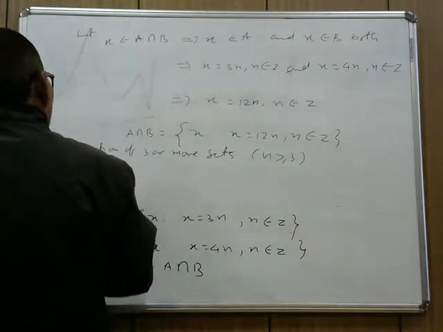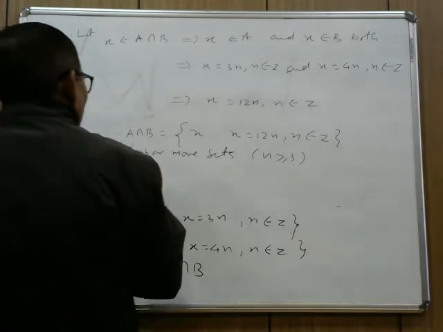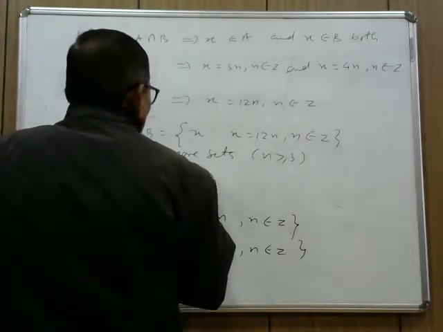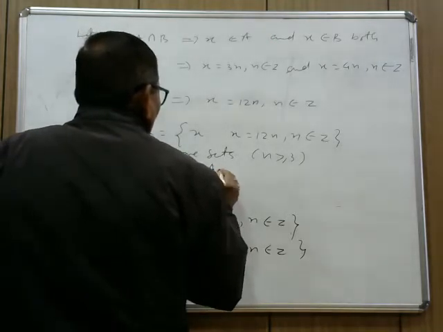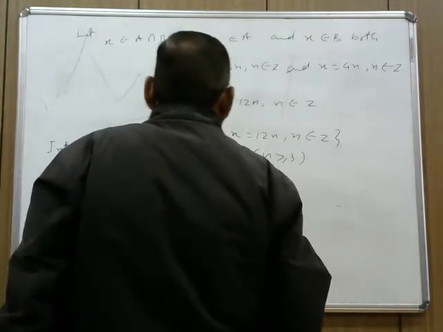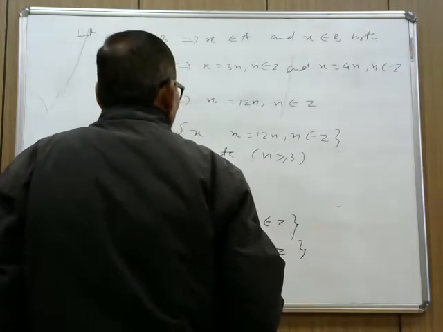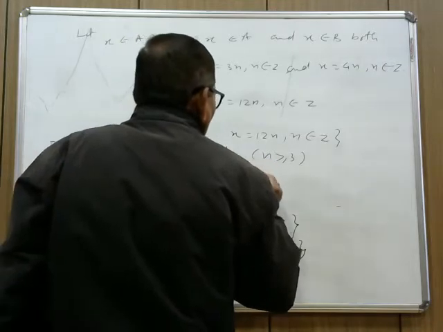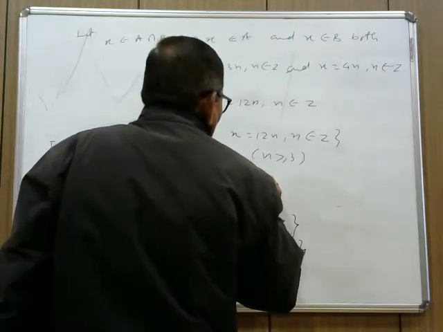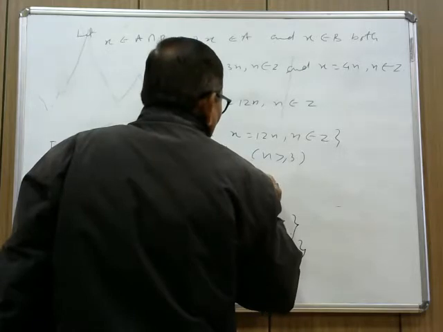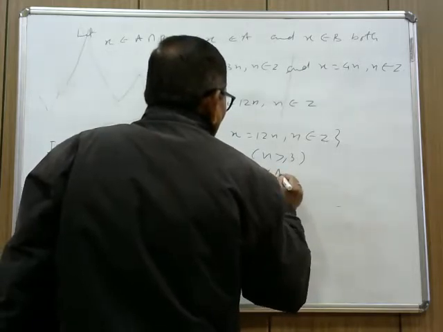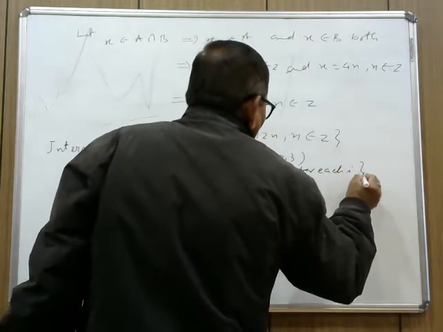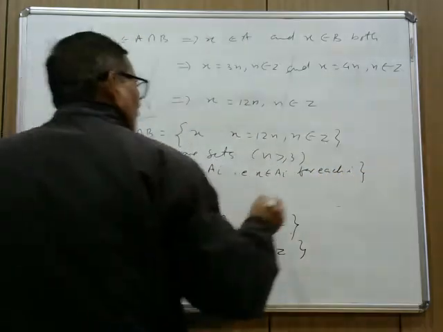The intersection over i varying from 1 to n of A_i is defined as all x such that x belongs to A_i for each i, where i varies from 1 to n.